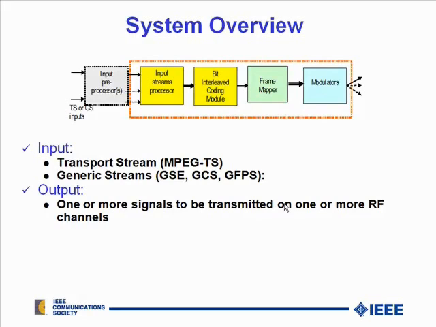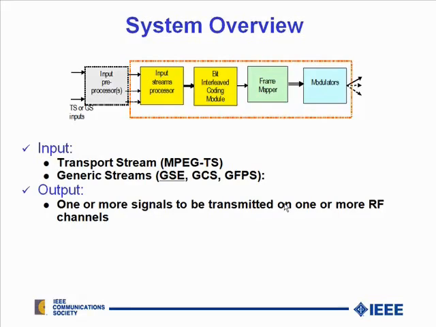The output of the entire system is one or more signals that are going to be transmitted on one or more radio frequency channels. So we will now describe how to go from an MPEG stream to the signal to be transmitted on the RF channels.